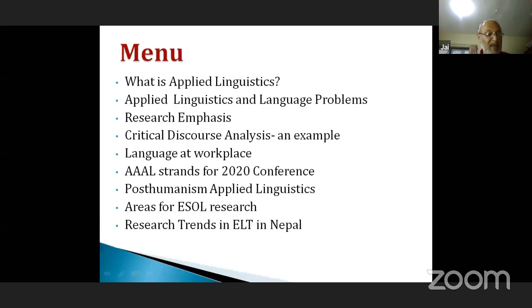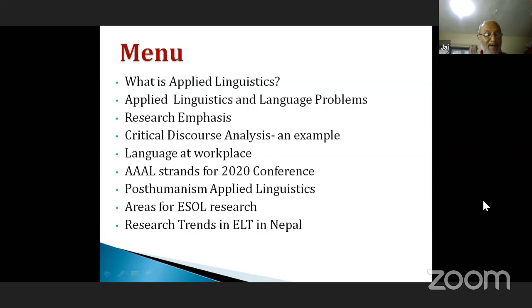So in 1964, the International Linguistic Association got split, and then we have a new young association called the International Association of Applied Linguistics, which was founded in 1964.